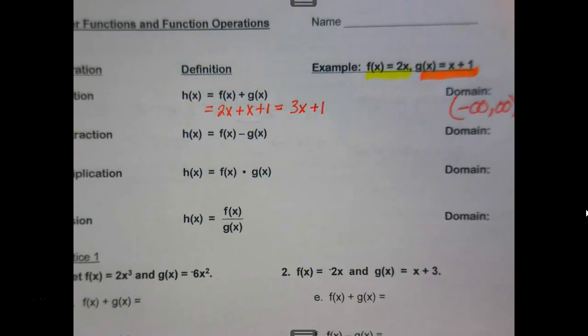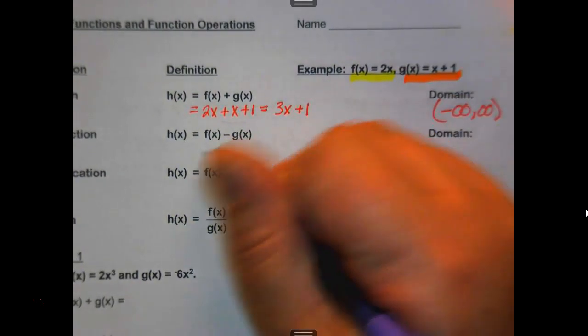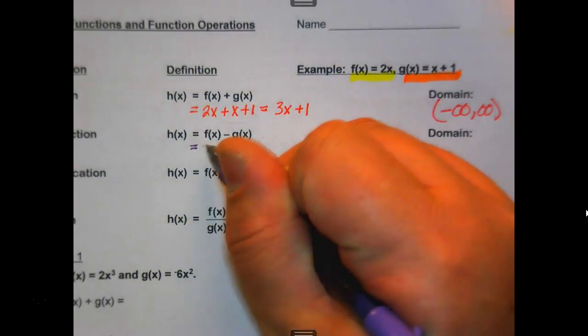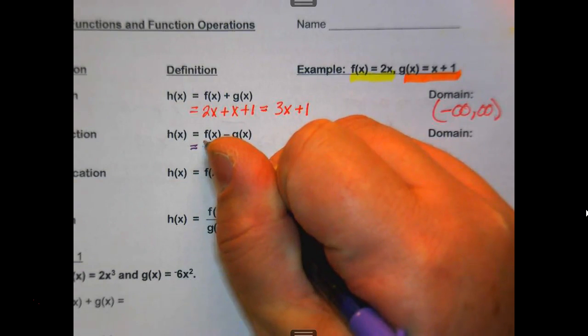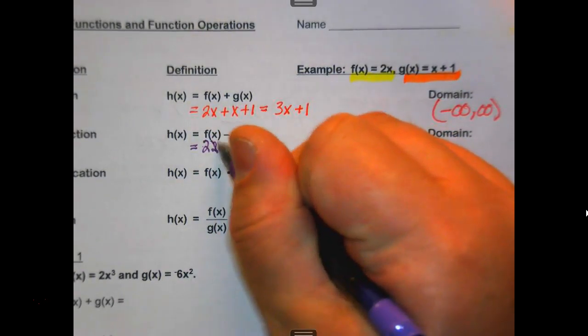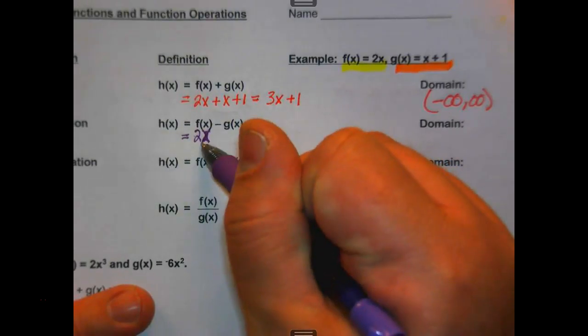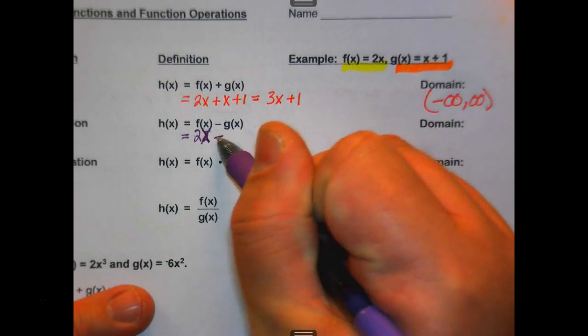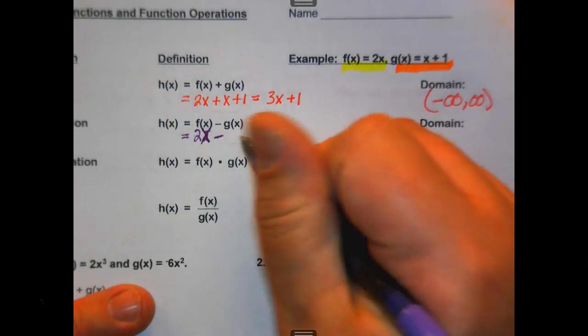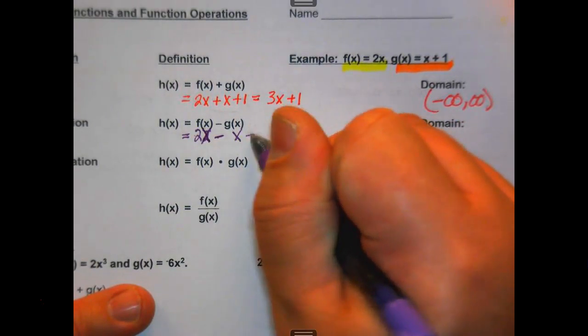Subtraction. Now, subtraction, you have to be a little careful. My f of x is 2x. I have 2x minus my g of x, which is x plus 1.